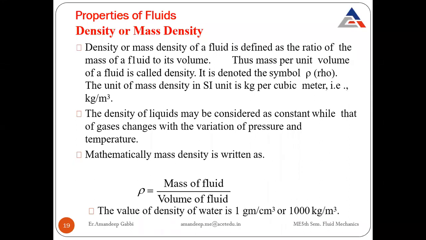You all know that density is mass per unit volume. It is denoted by rho. The symbol rho is in front of your screen. The unit of mass density in SI is kg per cubic meter.